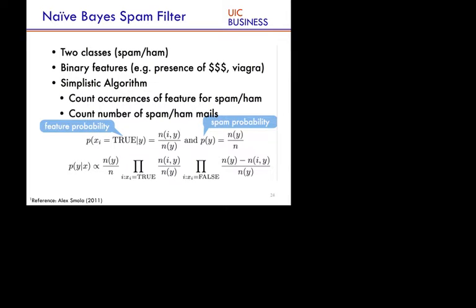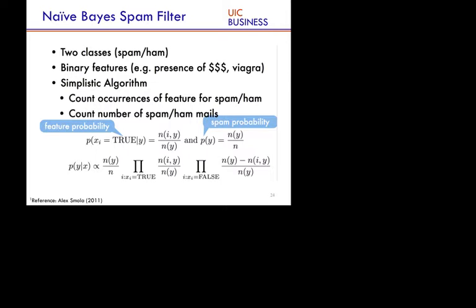Then to learn the parameters of this model, you just have to count occurrences of words for each class. If you have training data, you look at the probability that the ith word is present, given the class y. Let's fix the class to be spam.